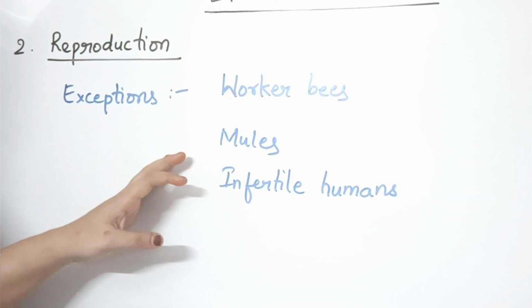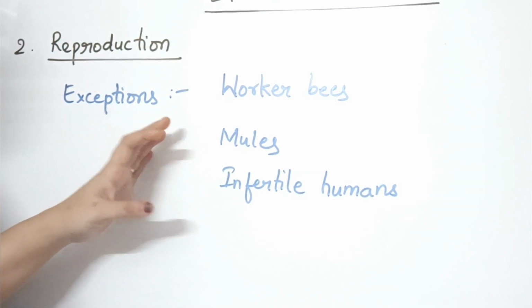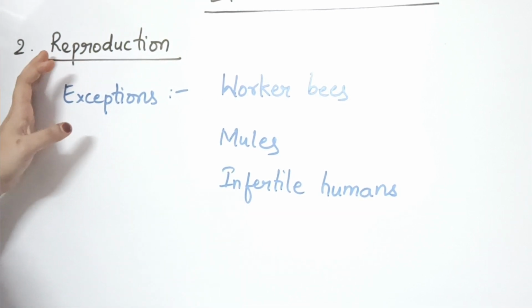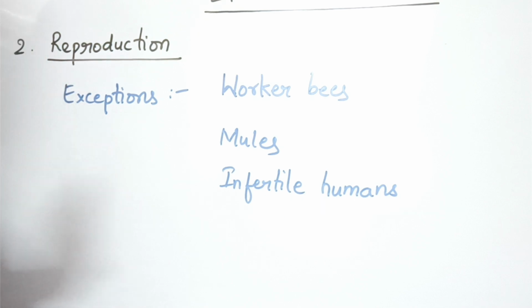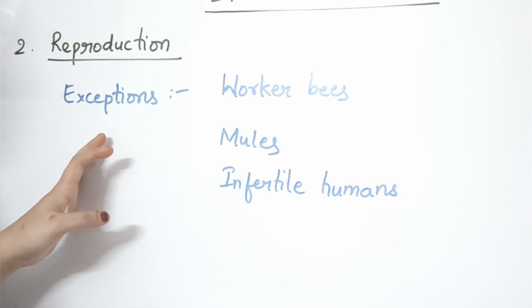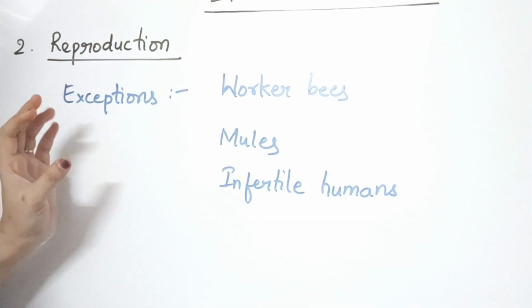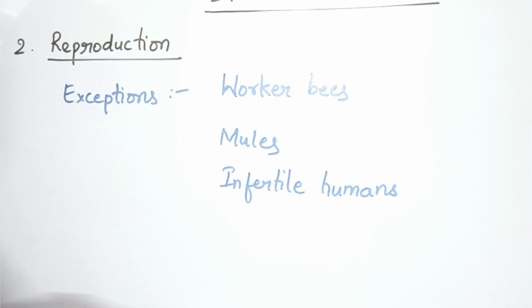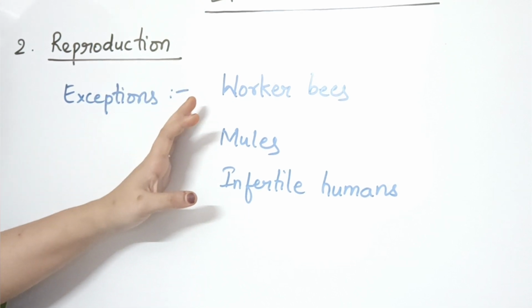And infertile humans are also unable to reproduce due to genetic factors. Hence we can say that reproduction is a fundamental feature but not a defining feature. Reproduction is a fundamental feature, but not all organisms can reproduce. In certain cases, there are some exceptions here.